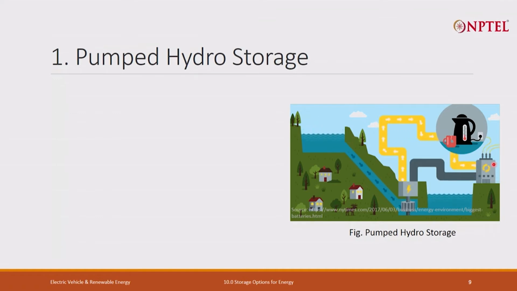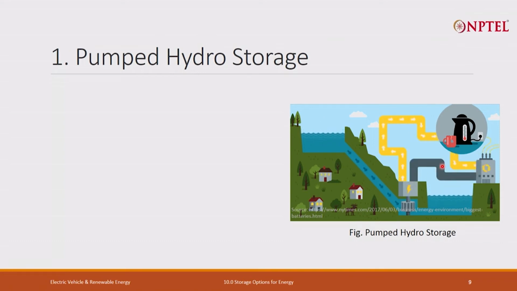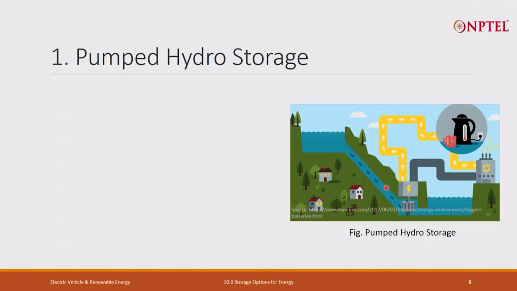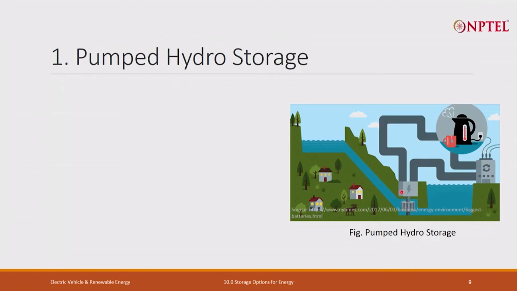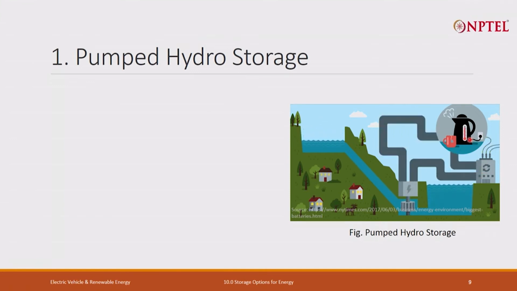Whenever this grid fails, or we don't have sufficient generation capacity or energy available, we have a turbine and pump combined together, and this turbine acts as a generator and produces electricity, which feeds our home.